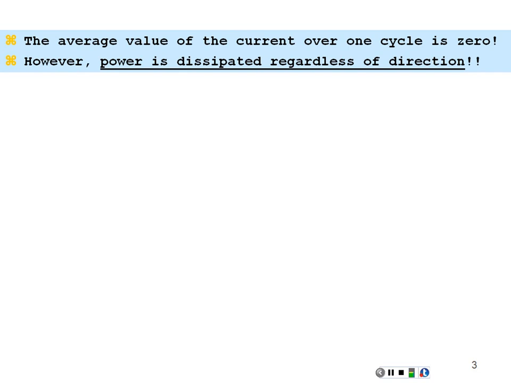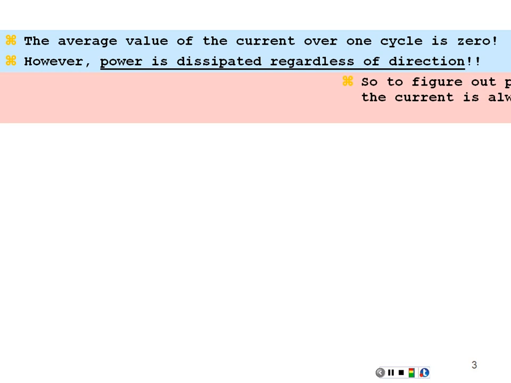And if the current's going the other direction, same thing. The resistor will still heat up, and we will lose energy according to I squared R. So power is going to be dissipated regardless of the direction of the current. So this is a problem. If we have an average current of 0, but we have a finite power being dissipated, how do we deal with that, at least mathematically?